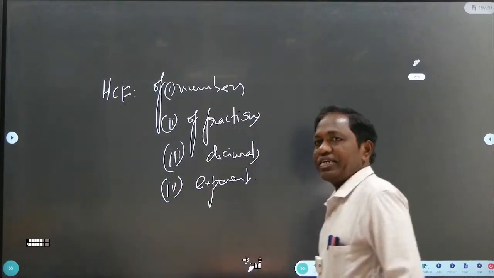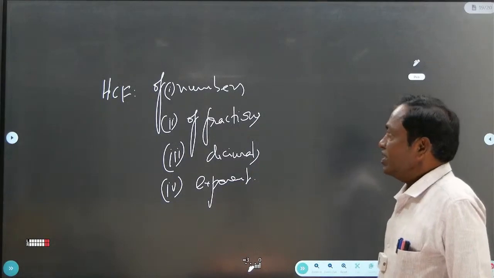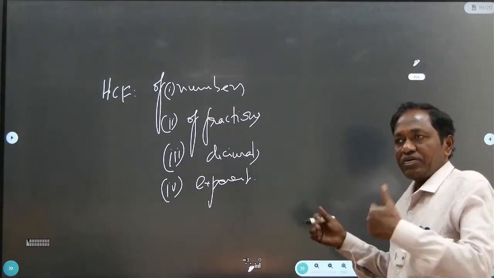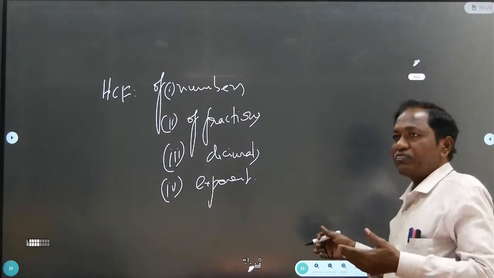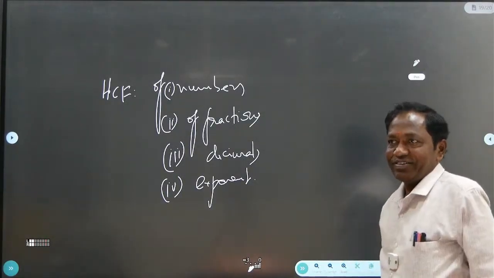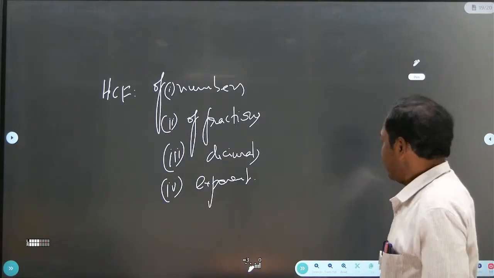Like LCM, where we take the largest number and multiples of the largest number, for HCF it is the least number, because that has to divide the other numbers. Now we can see.